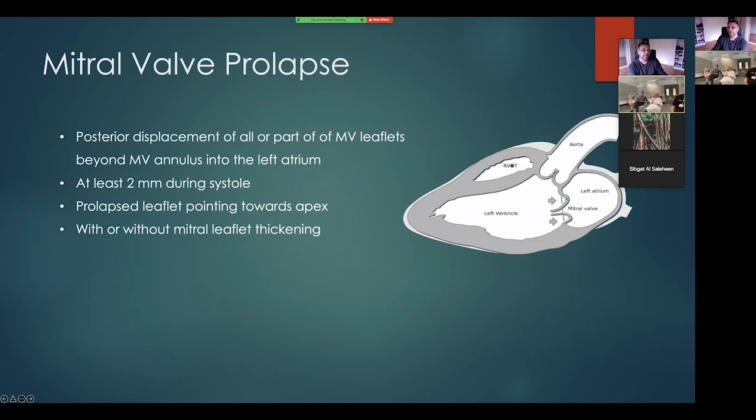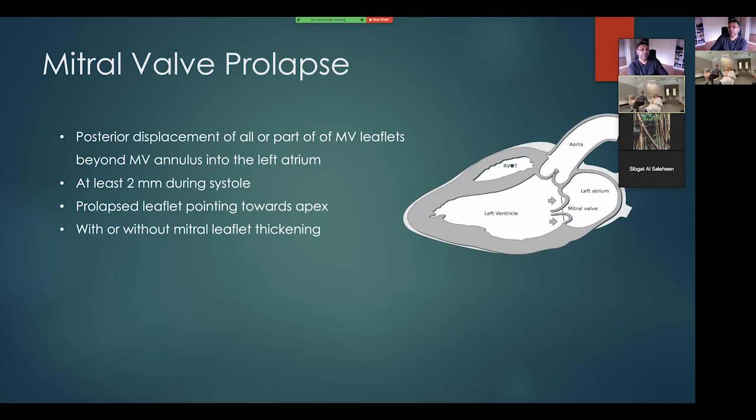This should be at least 2 millimeters during systole, and that's how you define mitral valve prolapse. An important thing is your leaflet tip should be pointing towards the left ventricle apex. So posterior displacement, at least 2 millimeters, and the tip towards the left ventricle. And it could be with or without some mitral valve thickening.